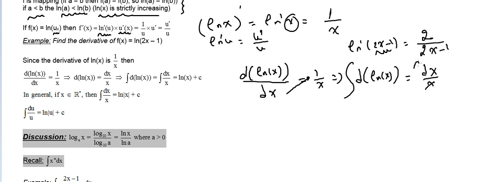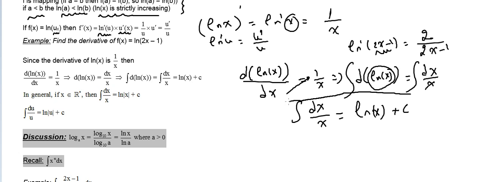If we integrate both sides, we get the integral of dx over x equals the integral of d ln x, which is only ln x plus c. So ln x is the antiderivative of 1 over x dx, because it equals the integral of dx over x.